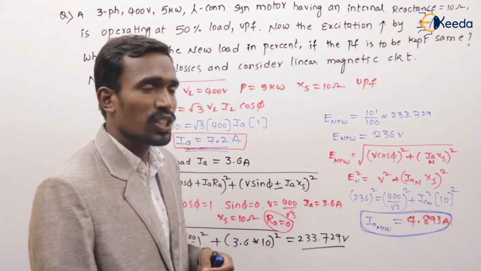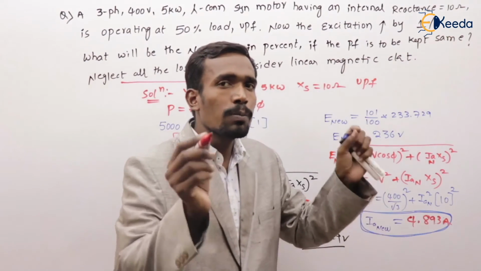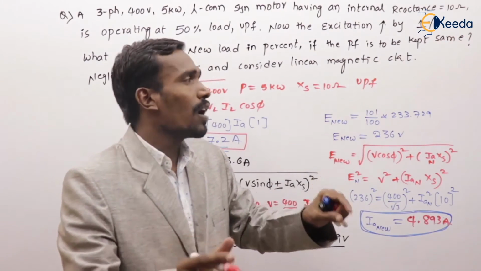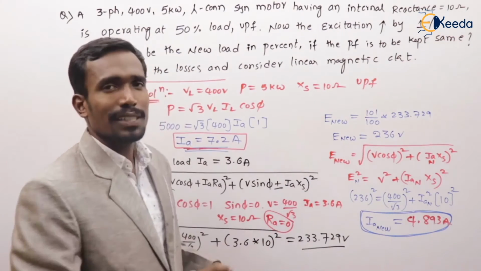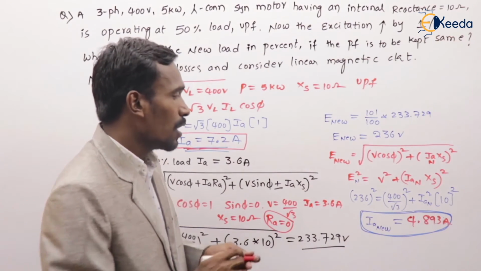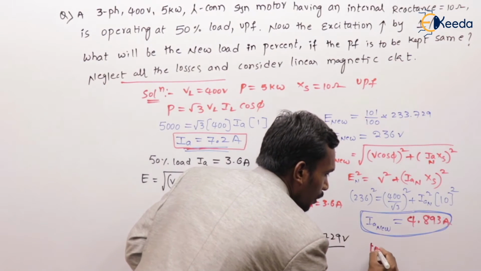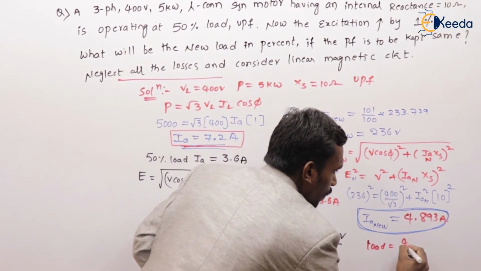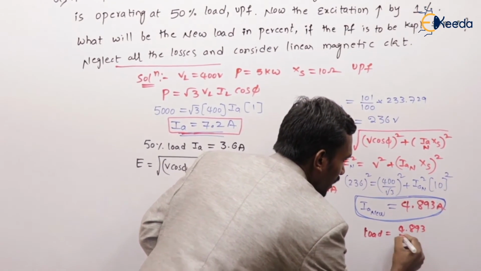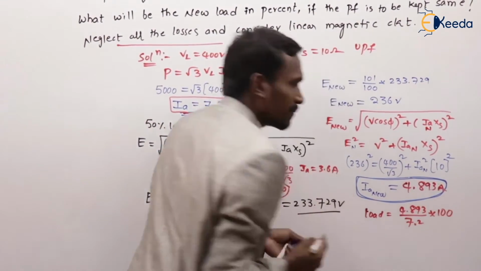Now, what is the question? 4.893 amperes is how much percent of 7.2? How can we calculate? The percentage load is equal to 4.893 divided by 7.2 into 100.